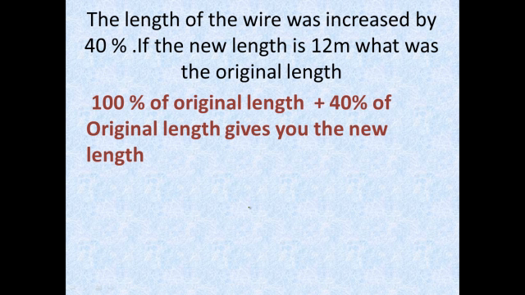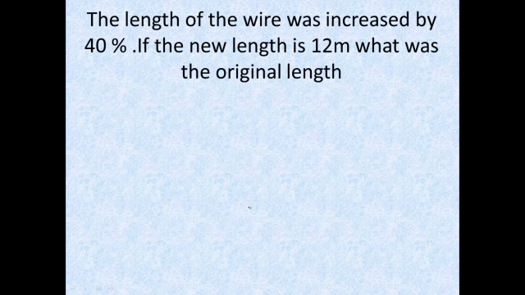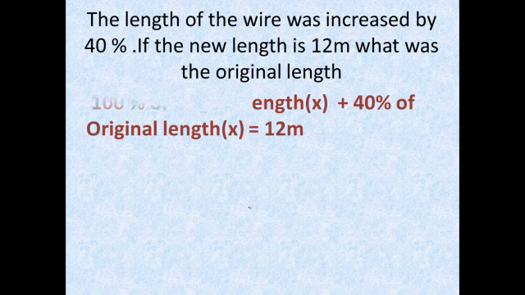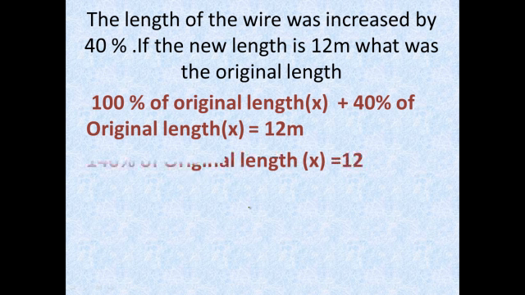So the new length is actually 100% of the original length plus 40% of the original length, which means 140% of the original length will be equal to 12, or 140% of x is 12.